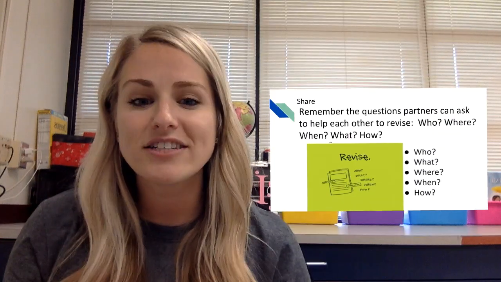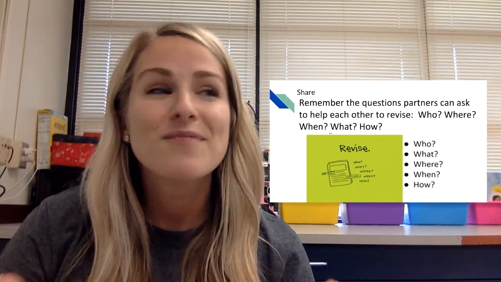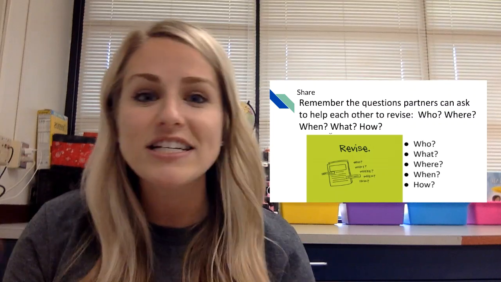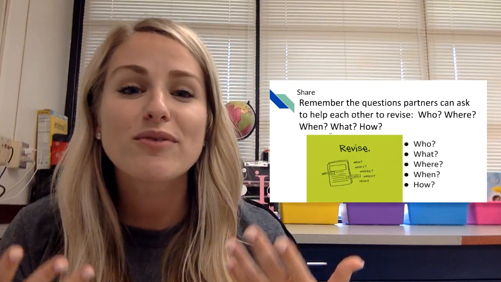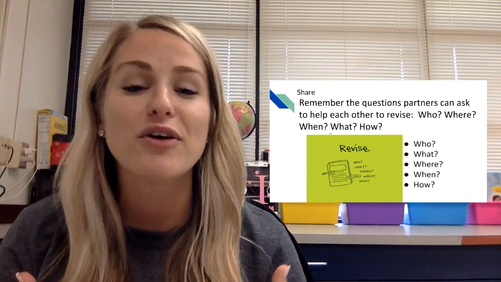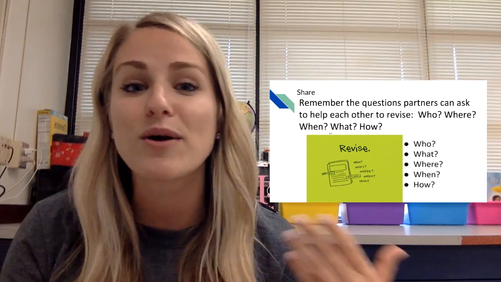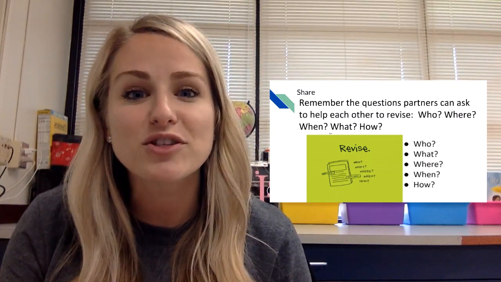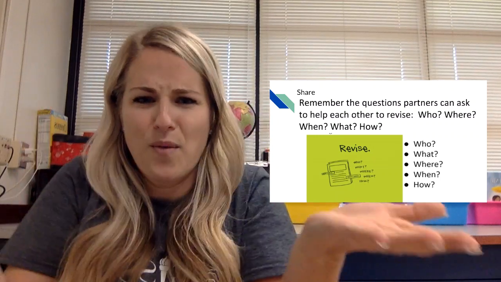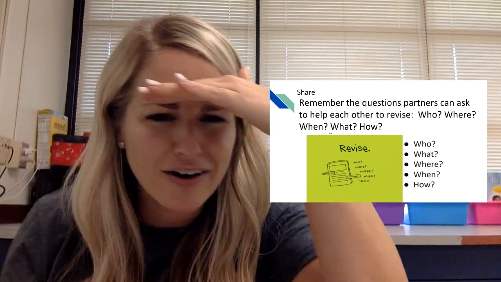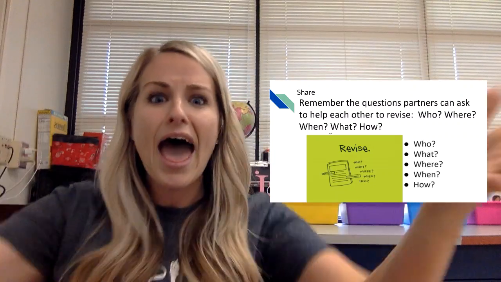Now, if you are acting out your story, like I just said, something that you might think of as other details to add. And we can use our revised questions. For example, if you are doing it with a sibling or a classmate or a partner, you can have them ask you these questions. Who? What? Where? When? How?